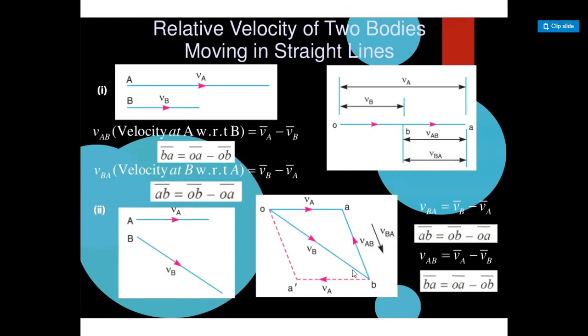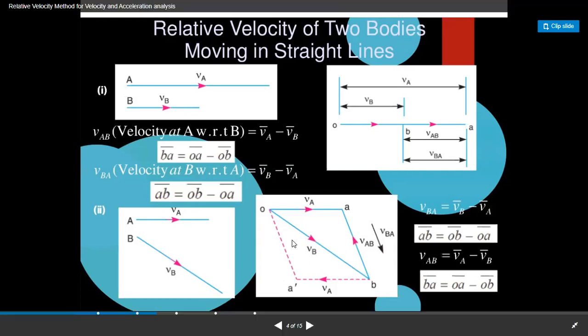Velocity of A and velocity of B are vector quantities. Why? Because the direction is also measured during the moving of the object. So both are vector quantities, and we can rearrange both vectors.